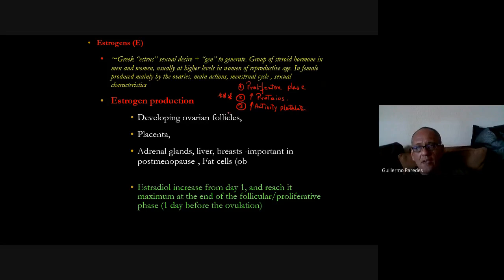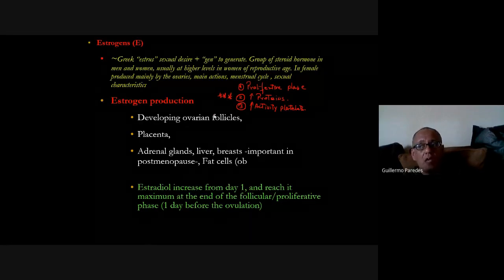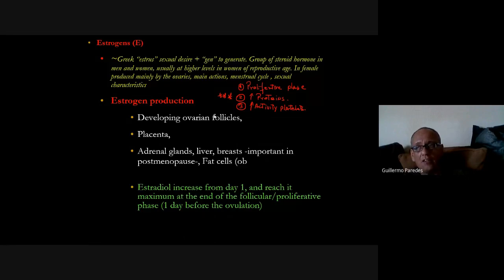So that's why if you take OCPs that are estrogens and you smoke, you produce irritation of the endothelium, so you can produce some clots. Smoking can lead to clots, right? Now, if you are taking OCPs, it's contraindicated, it's prohibited to smoke. Don't smoke if you take OCPs or estrogens.